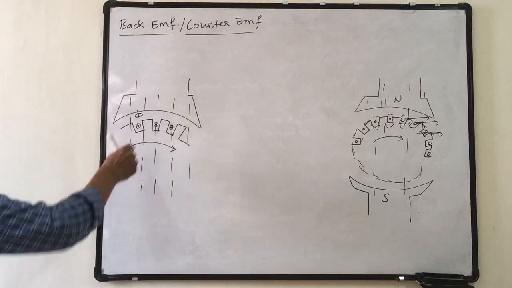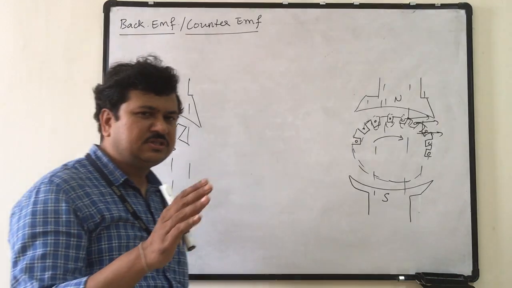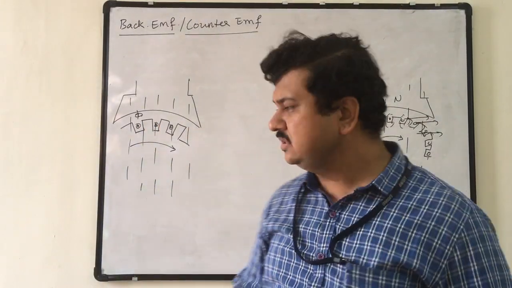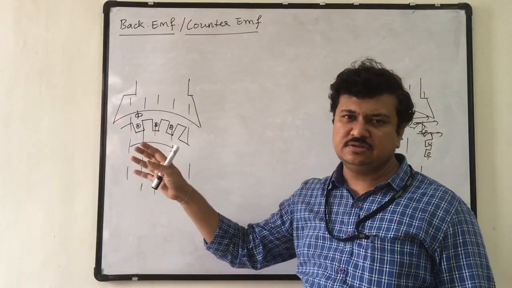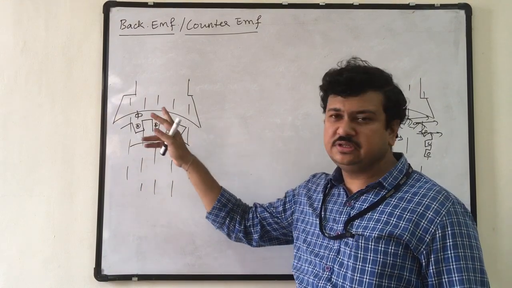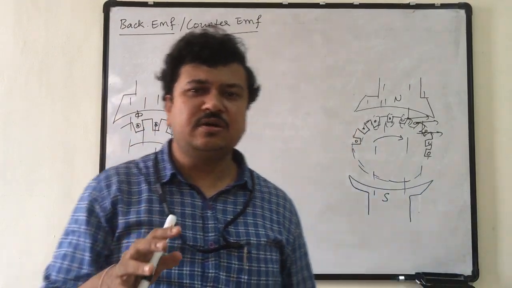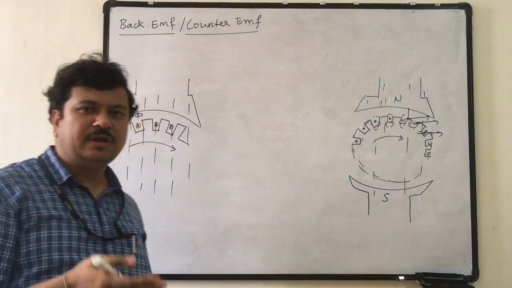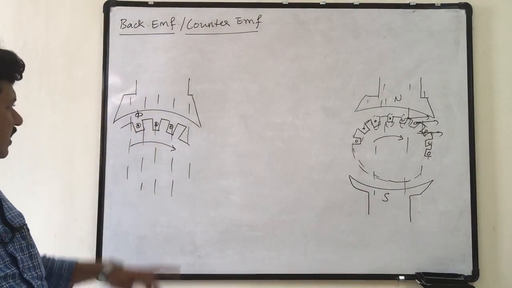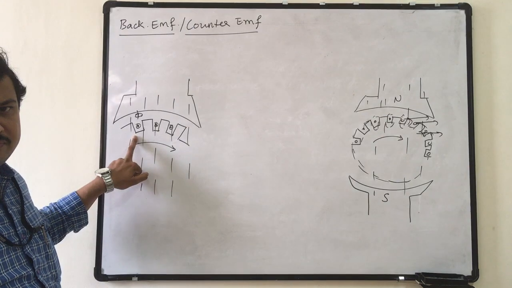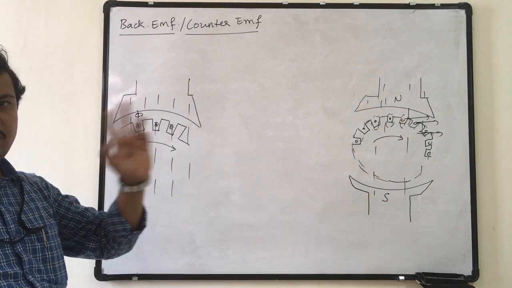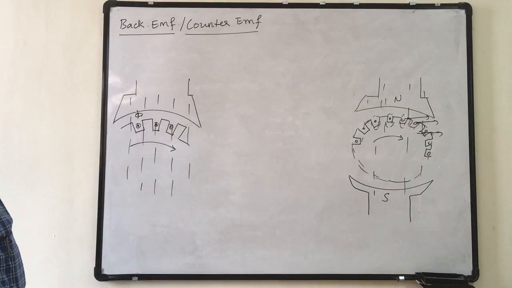So this induced EMF will oppose the supply voltage. Because it opposes the supply voltage, it is called back EMF. It is acting back on the supply. It is called back EMF or counter EMF because it is countering the supply voltage given.